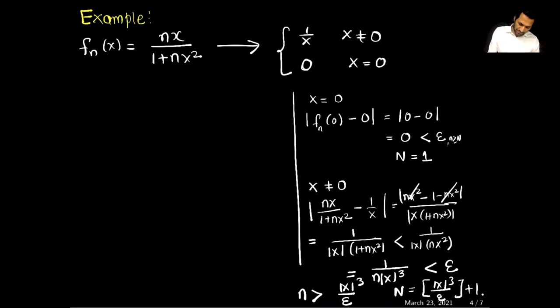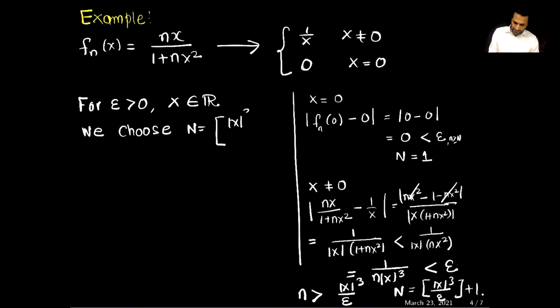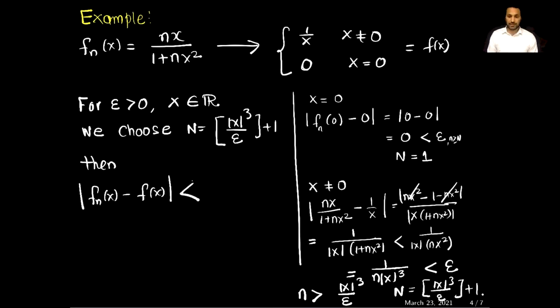So now let's write down the proof. For epsilon positive and x belonging to the set of reals, if we choose capital N as the absolute value of x to the power 3 divided by epsilon plus 1, then the distance between f_n of x and f of x, which is this function, will be less than epsilon when I choose little n bigger than or equal to capital N. And that calculation follows from here.